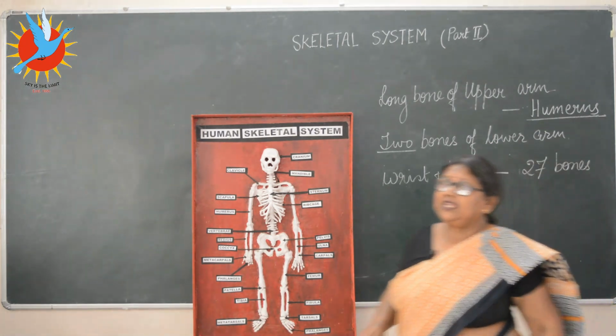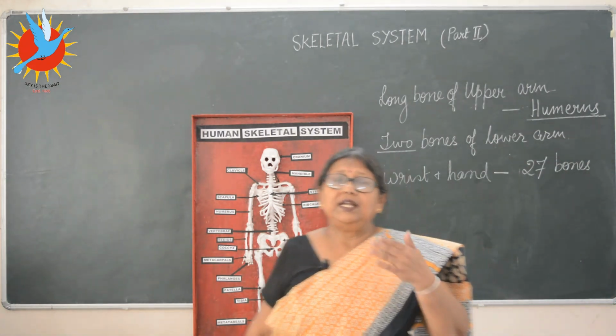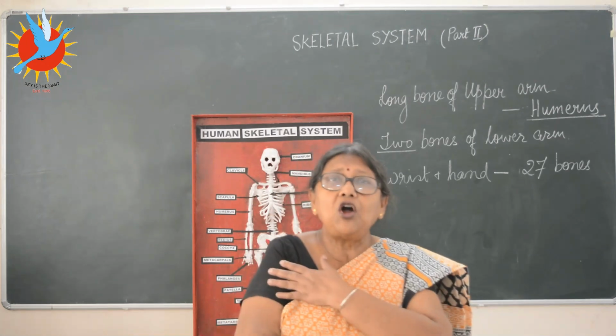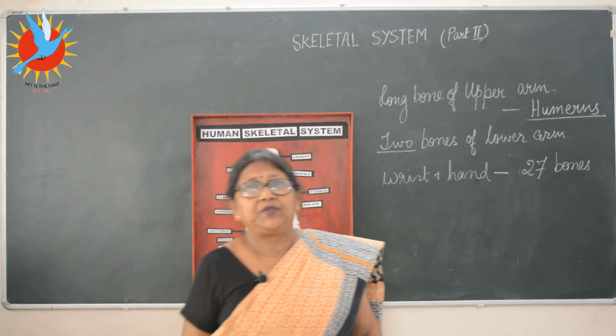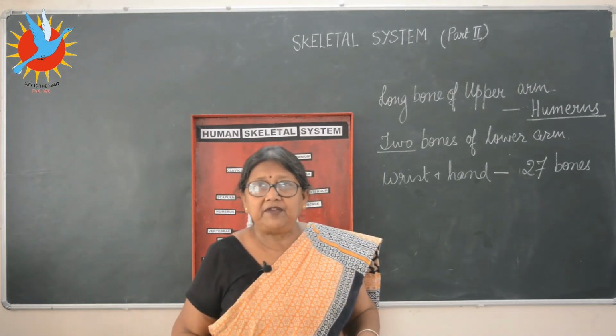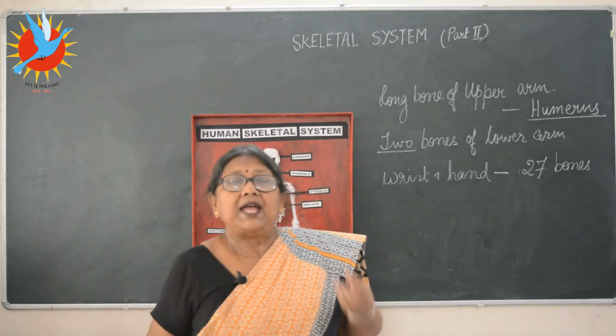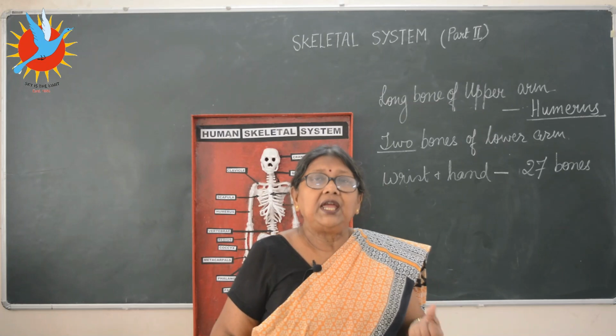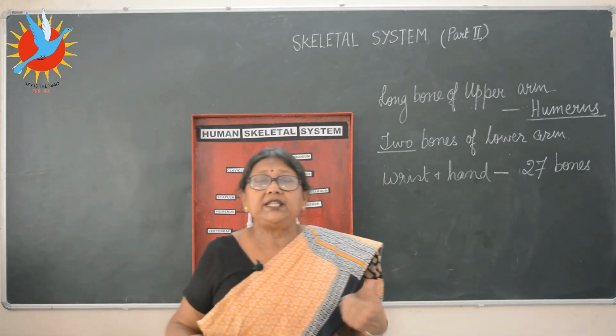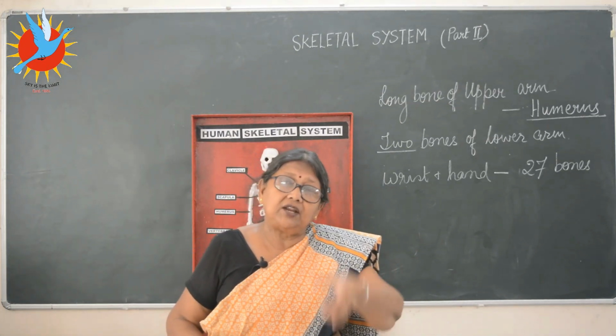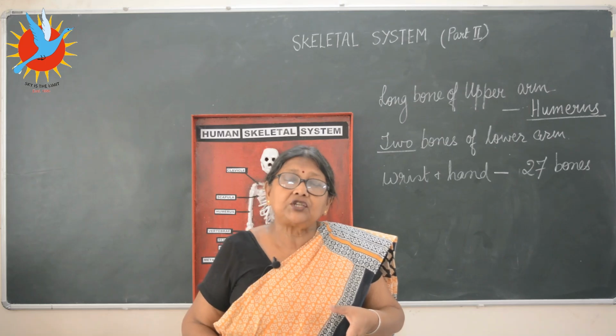Now here we'll have to learn about one more thing, that bones are all living. They have got blood vessels, they have got nerves in them. And they are hard, they are rigid. But the long bones of a body are hollow inside. That's called the cavity.